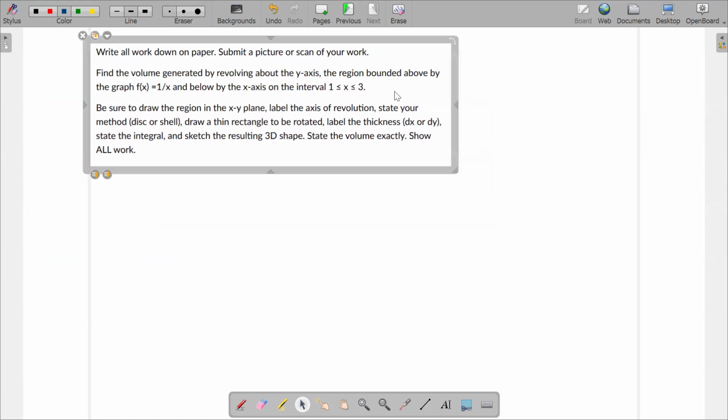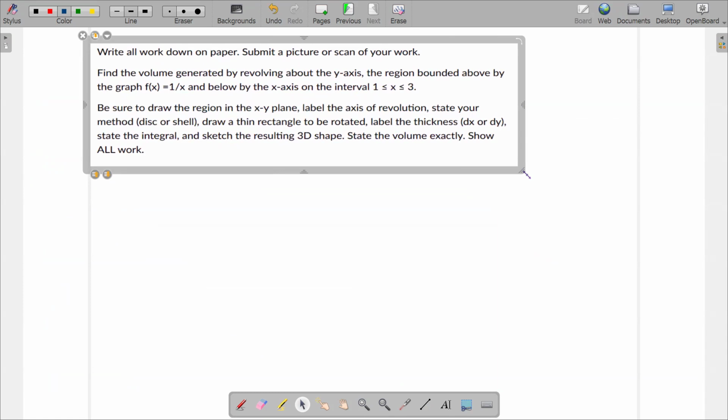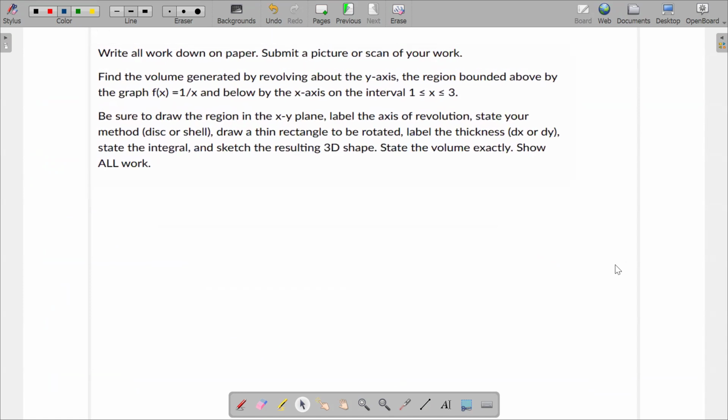All right, so I think I can graph this without Desmos, but it wouldn't be a bad idea to check with Desmos too. 1 over x from 1 to 3. As x goes 1, 2, 3, y is 1 over that, so 1/3 will be over there.